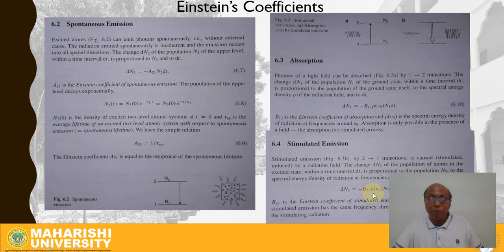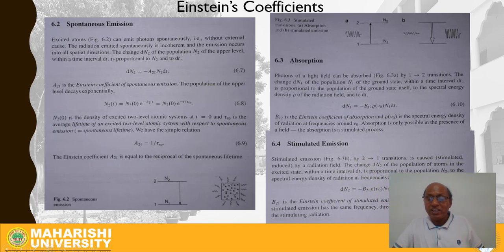And this is now dependent upon rho nu 0. That means this stimulated emission was possible because an incoming radiation having a spectral energy density of rho nu 0 caused such emission to take place from N2.